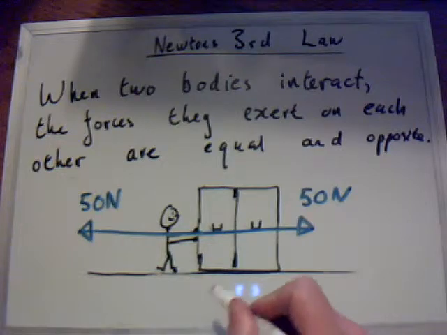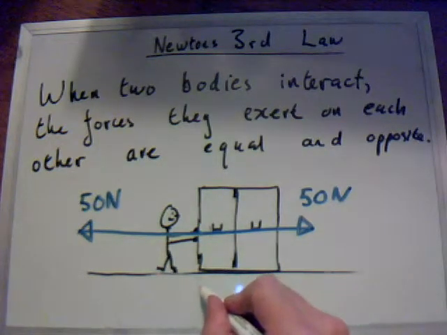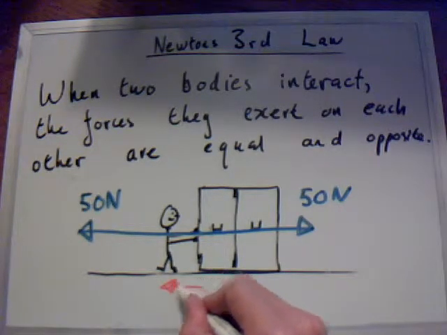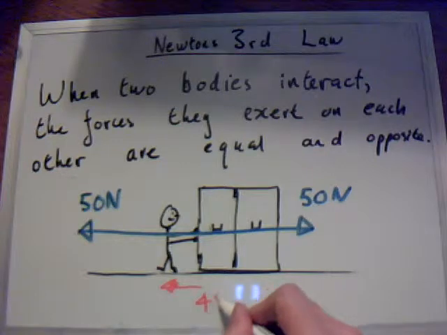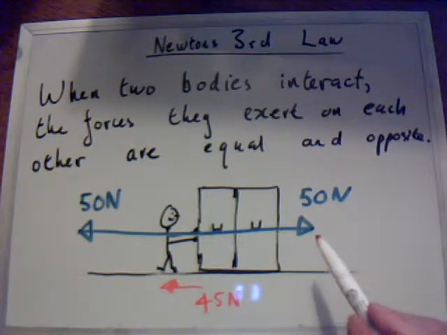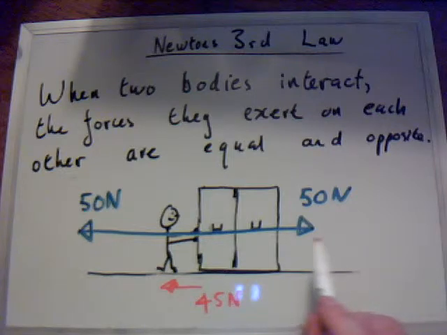Now let's say that the friction of the floor on the wardrobe is in fact 45 newtons. So you can clearly see here that the wardrobe is going to feel a resultant force in that direction of 5 newtons and will therefore accelerate.